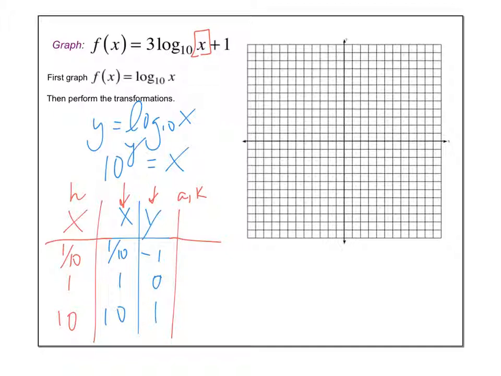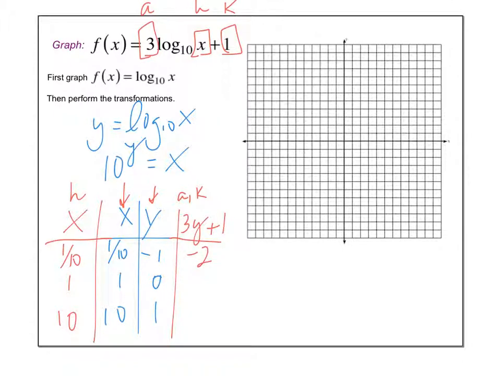Now the Y, there is an A value and a K value. So here's A, H, and K. Now A is 3. We will take every Y value in this Y column, multiply it by A, and then add or subtract the K value. So 3 times y plus 1, that'll give us our new y coordinates for our ordered pairs. -1 times 3 is -3, -3 plus 1 is -2.